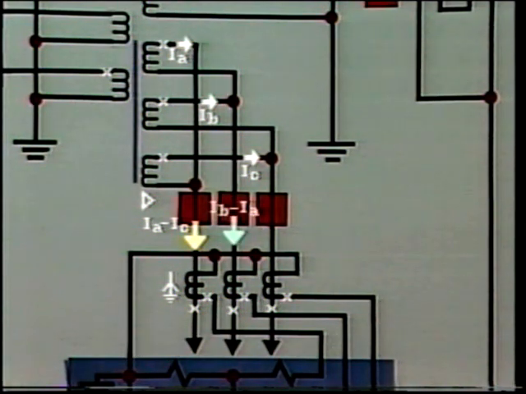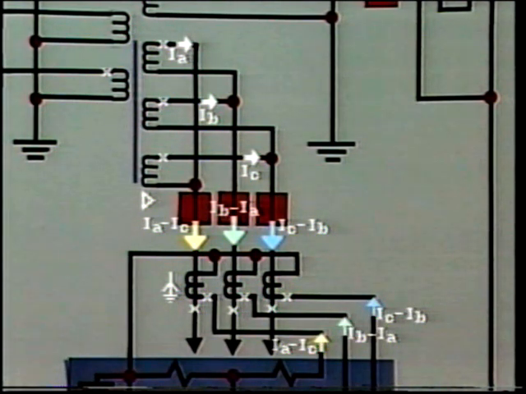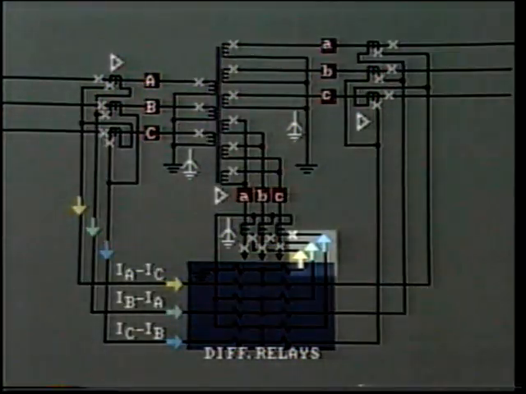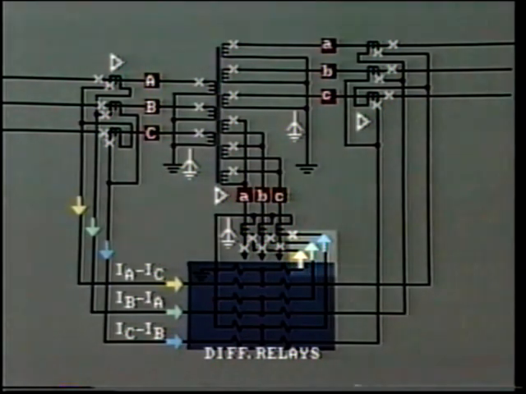Here we have IB minus IA, the green arrow, and in this line, IC minus IB, the blue arrow. The CT secondary currents are representative of the line currents and are indicated by appropriate yellow, green, and blue arrows. These currents from the tertiary transformers are the currents leaving the relay.